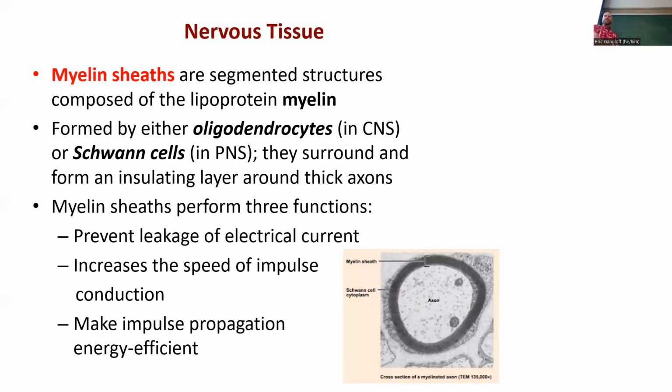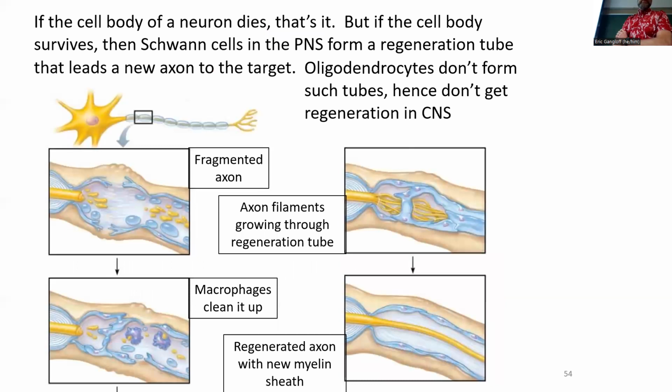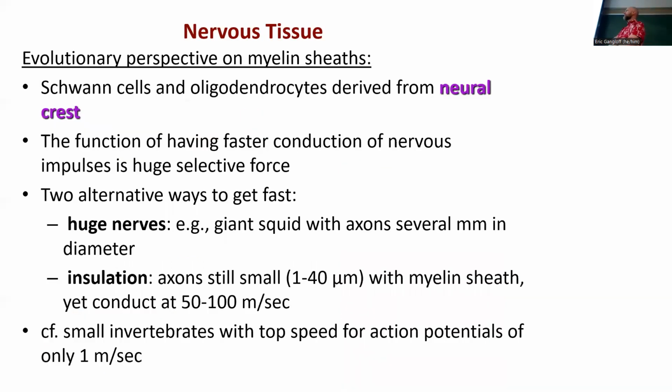And from an evolutionary perspective, some of us vertebrates, or some of us animals, have gone one route with these insulated axons, but others, such as giant squid, have to transmit information long distances. Instead of having myelin, however, they just have really big axons, because of the properties of conductance of electricity, if you have a bigger diameter, a signal can travel faster. And so they have axons that are visible to the naked eye, several millimeters in diameter.